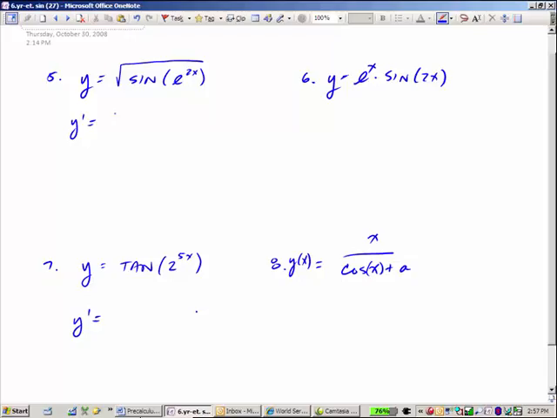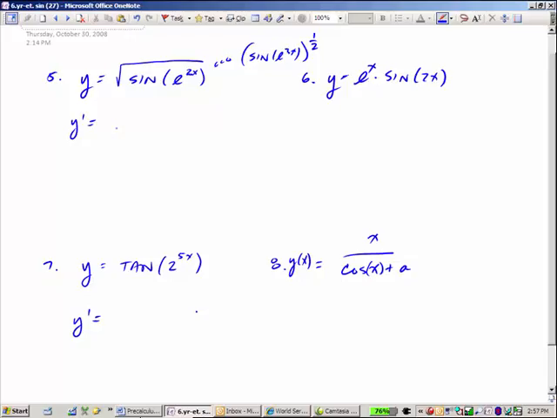All right. Here, this is the same as sine of e to the 2x, to the 1/2. Sorry, 2x. So it would be... Go from the outside.